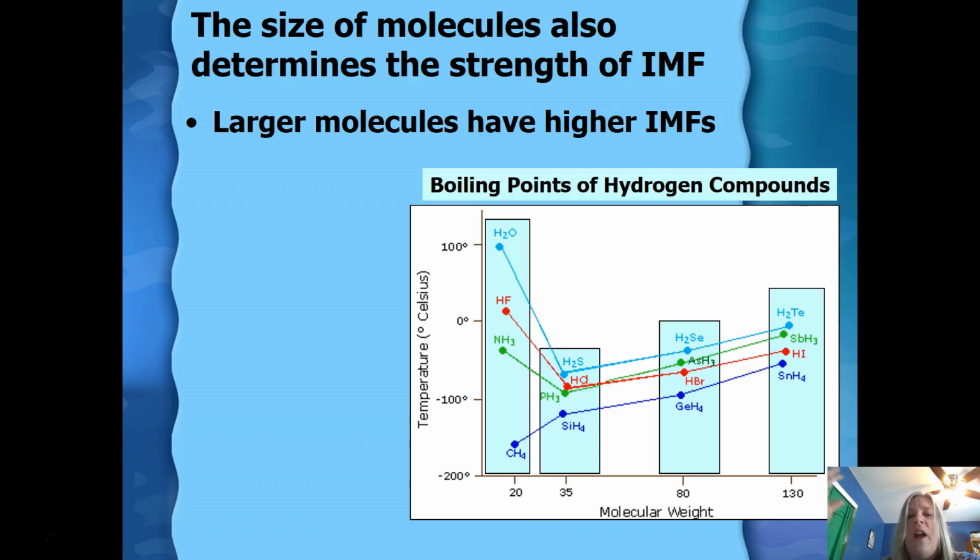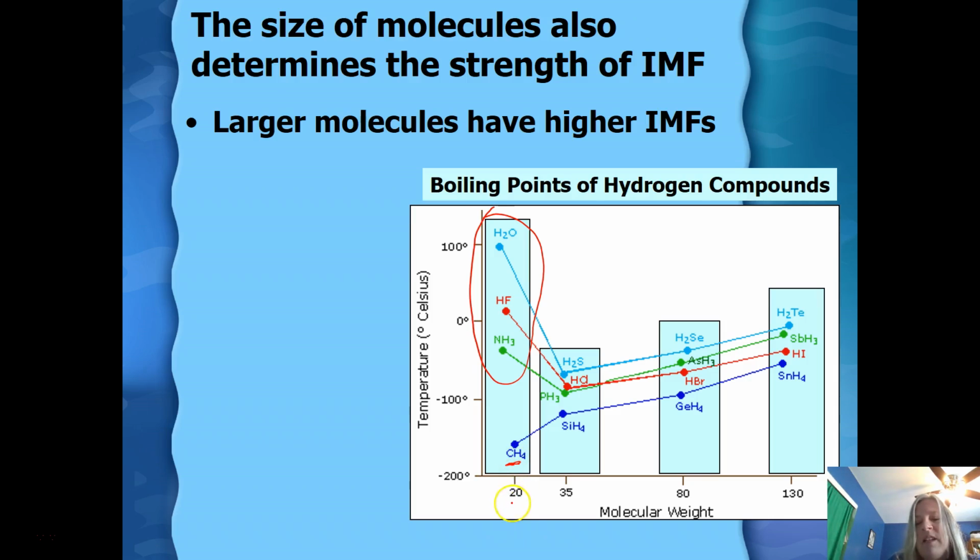So here is a graph of boiling points. I want you to ignore these guys for a moment, but this is the boiling point per molar mass, molecular weight, right? Molar mass from the periodic table. So I want you to look at this darker blue line here. You can see here's CH4, carbon with 4 hydrogens.